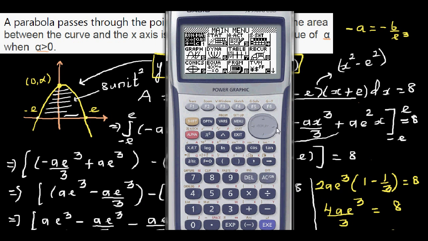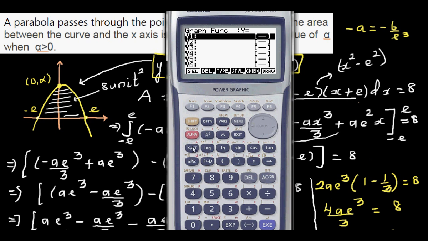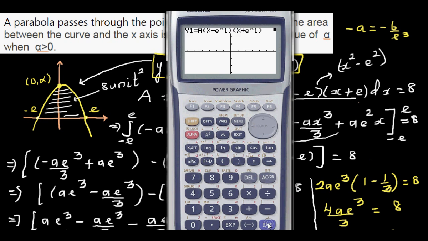Now go to graph and type in alpha A bracket x minus shift e bracket x plus shift e. So this is your graph, where this is minus e and this is plus e. Then go G-Solve, F6, F3, and it asks for your lower limit.